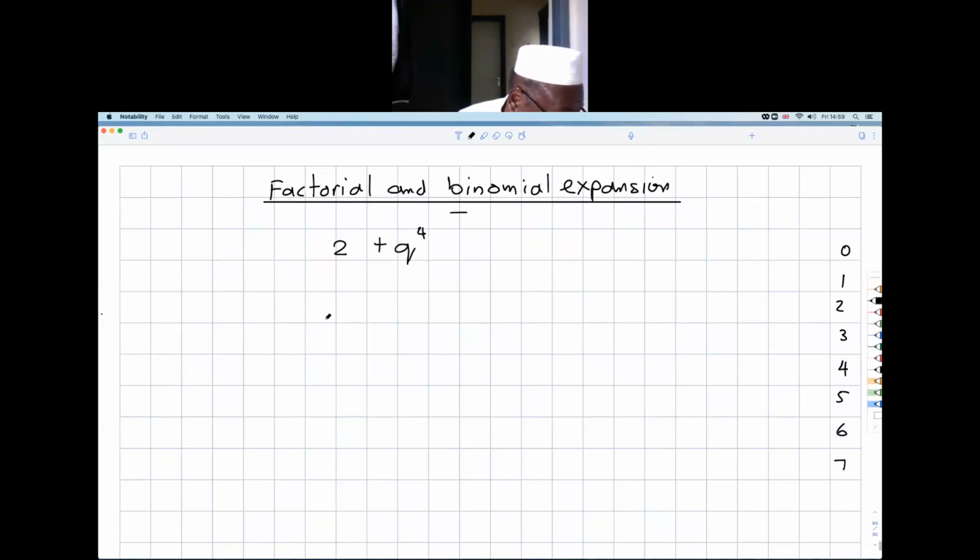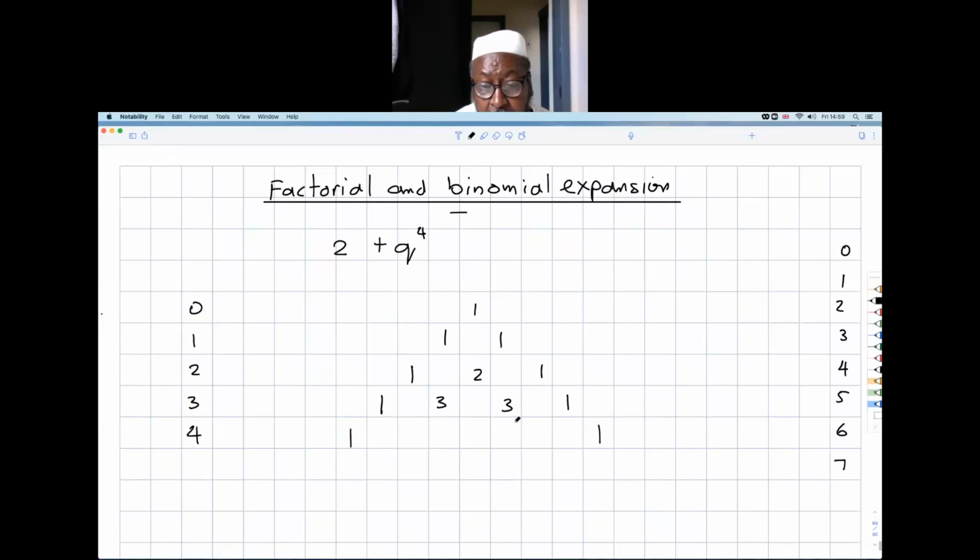How are we going to work this out? We say 1, 1, 1, that is power 0, and here 2, 1, 1, and here 3, and here 3, 1, 1. This is the power 2, power 3, and this is to the power 4. It will be 1, 1, 3 add 1 is 4, 3 add 3 is 6, and 1 add 3 is 4.